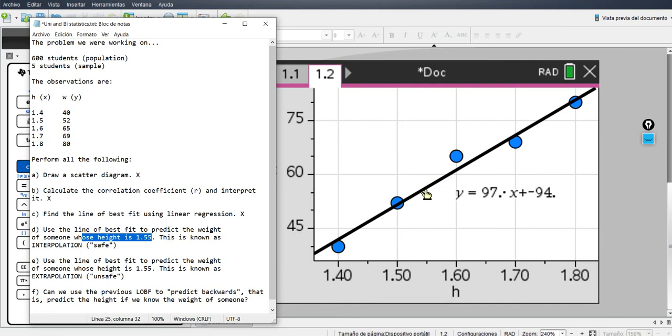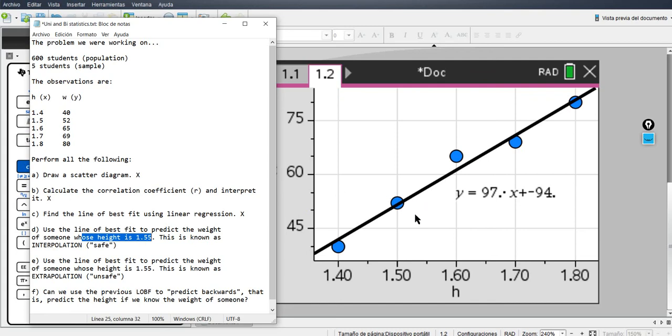So we need the line to predict. It's going to be about, go up, go left, about 57, give or take.